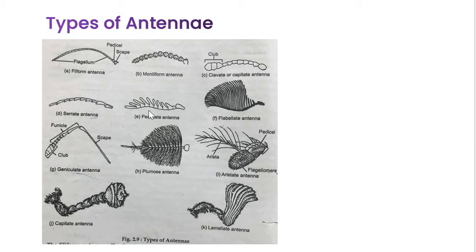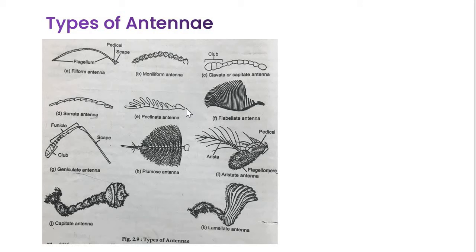You can see all the segments arranged on one side, and therefore the appearance looks like a comb, which is why the name given is pectinate antenna. Again, another kind is the bipectinate antenna, which is also present. In that case the pectines are present on both sides. The common examples of pectinate antenna are Coleoptera and moths.